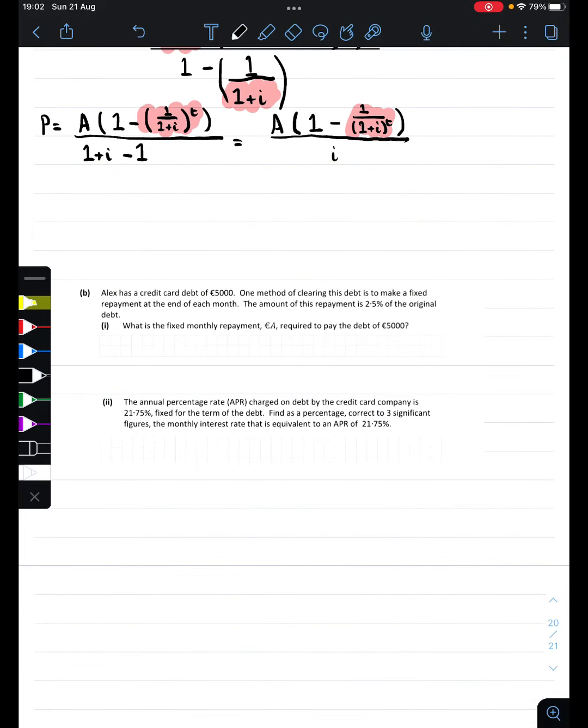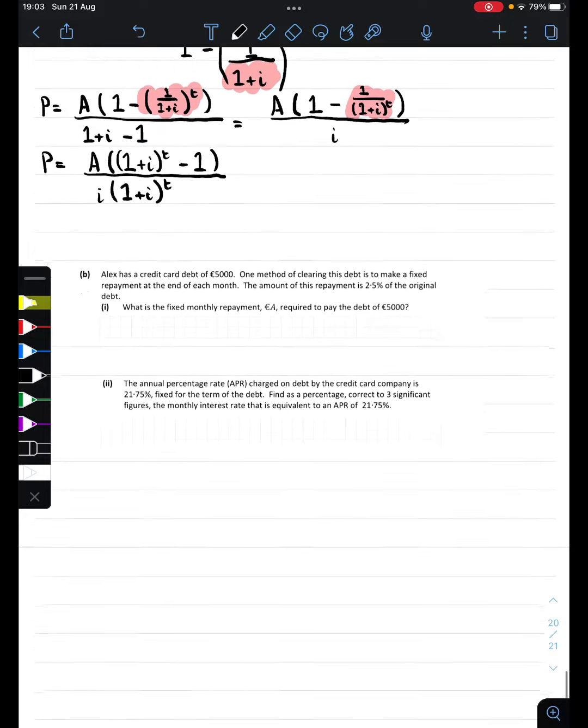So we're going to get p equals a times 1 plus I to the power of t minus 1, all over I by 1 plus I to the power of t.